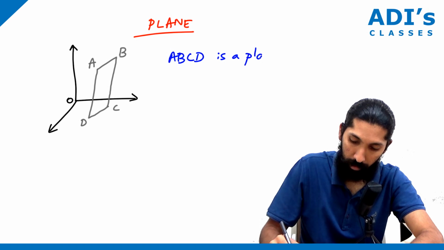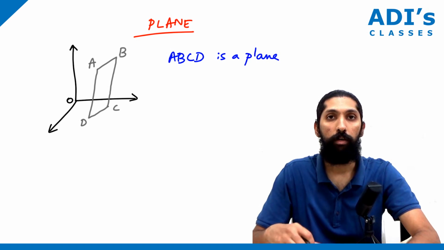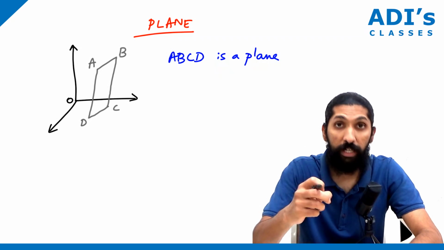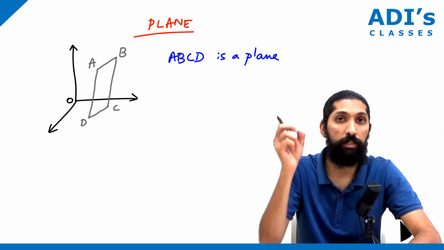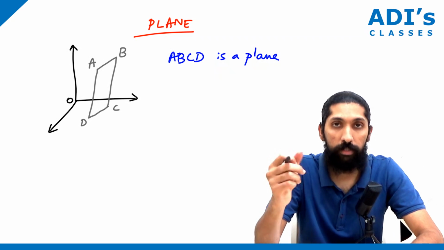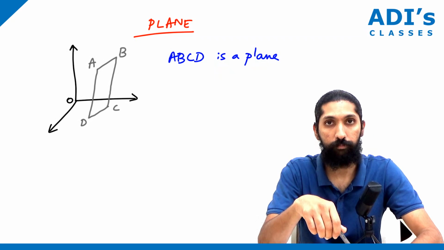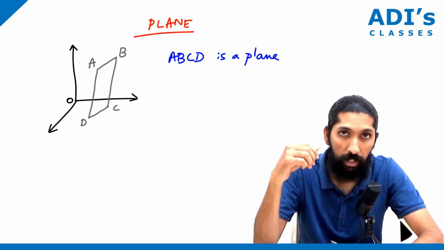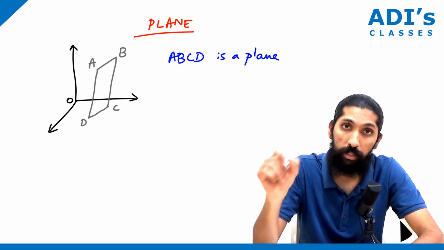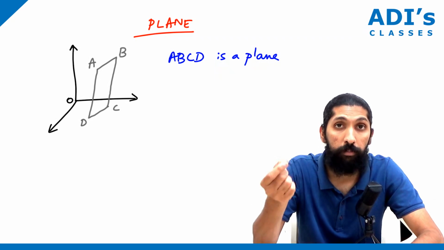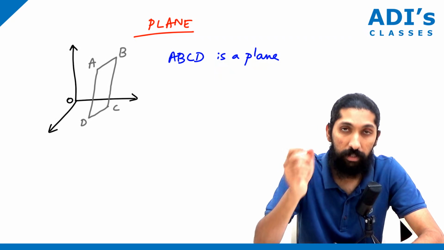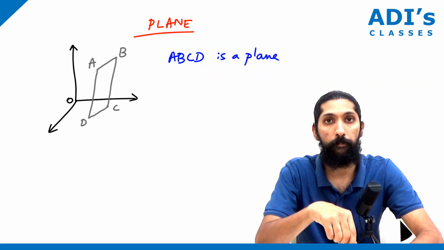That means how exactly do we define a plane? Mathematically, we can say that it is the collection of lines, that is basically a plane. But when we say a collection of lines in another dimension, another axis, that basically is a plane.